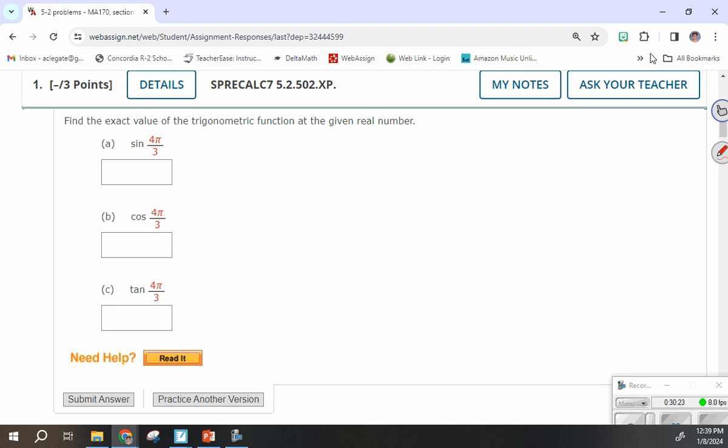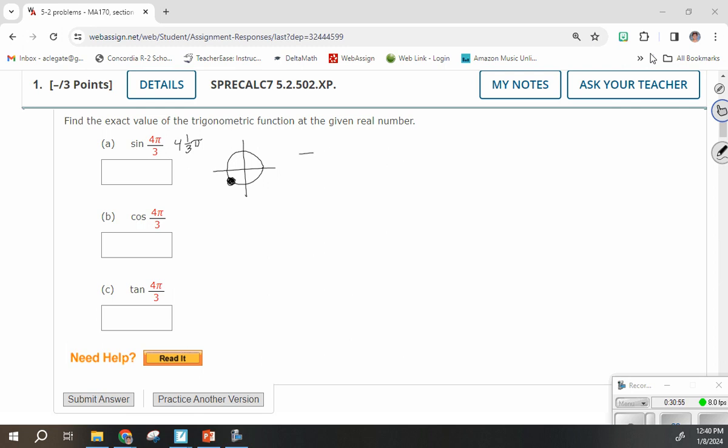4 pi over 3. Again, here's how I do these. Think unit circle. Where is 4 pi over 3? This is like 4 and 1/3 pi, right? It would actually be down here a little more, but it's down in the third quadrant. Okay? So in the third quadrant, is sine positive or negative? It's negative, right? All students take calc.